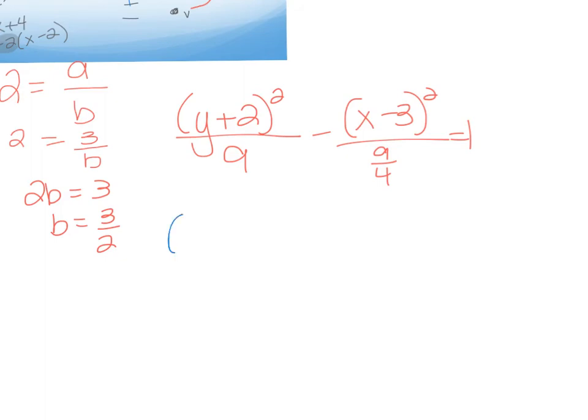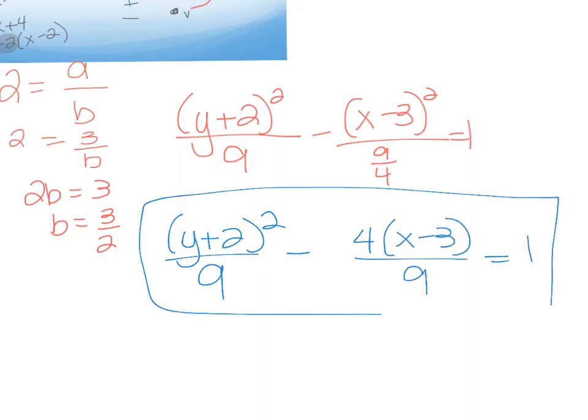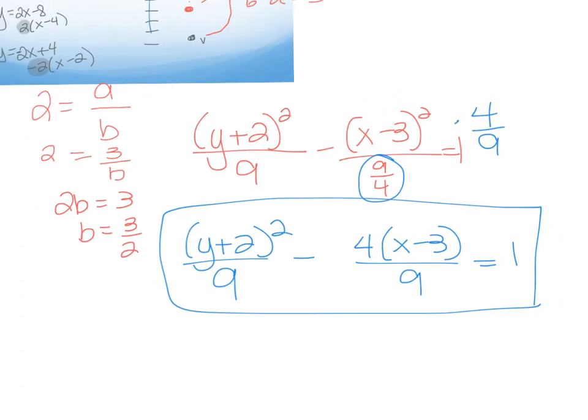Right. So this becomes y plus 2 squared over 9 minus 4 times x minus 3 squared over 9 equals 1. Dividing by 9/4 is the same thing as multiplying by 4/9, so you can just flip it.